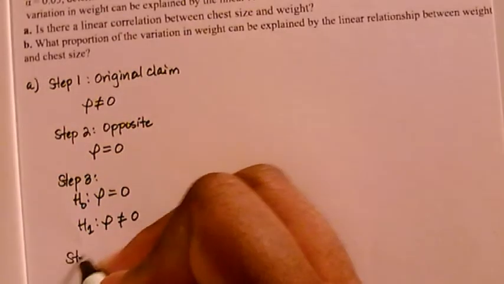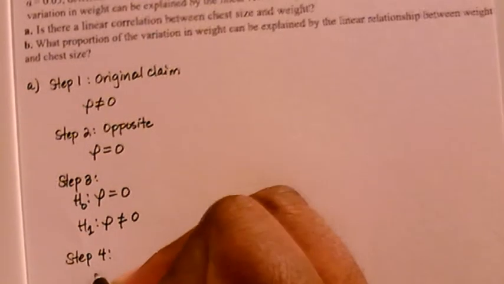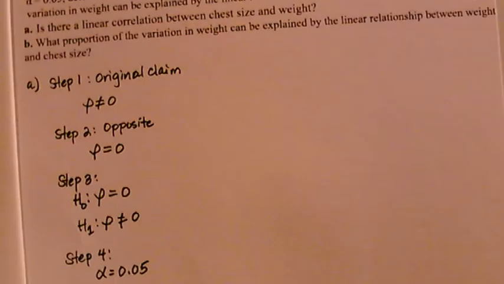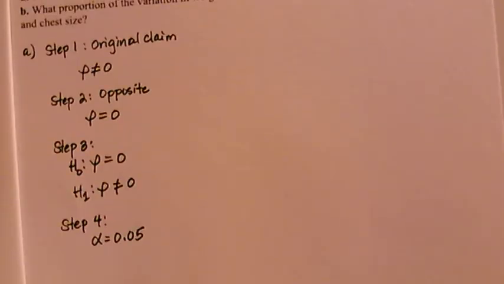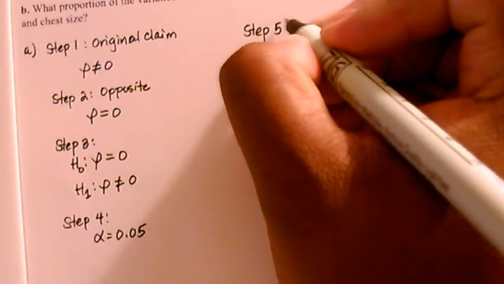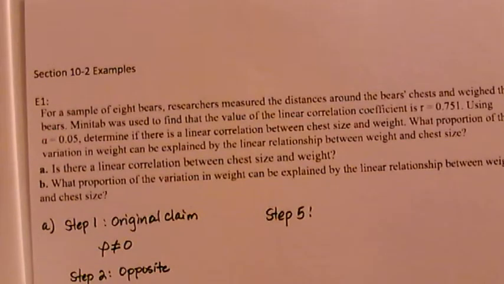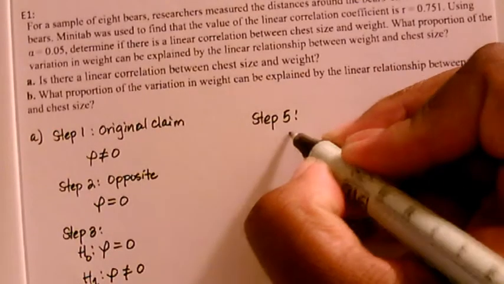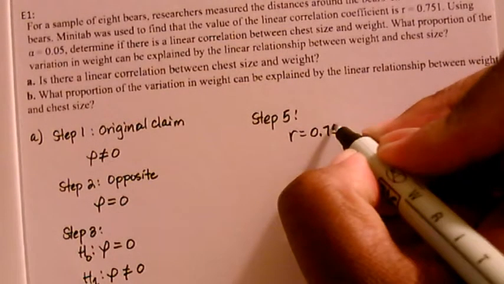And then step number 4 is stating your level of significance, which means alpha = 0.05. That's given to you in the problem. Now step number 5 is also easy, because that's given as well. Usually we calculate your test statistic, but in this case, your linear correlation coefficient is your test statistic, which is r, and that's equal to 0.751.